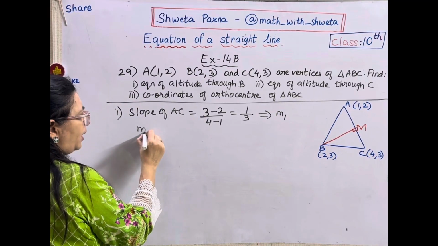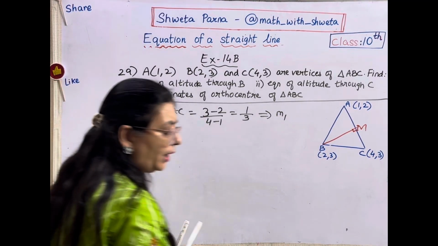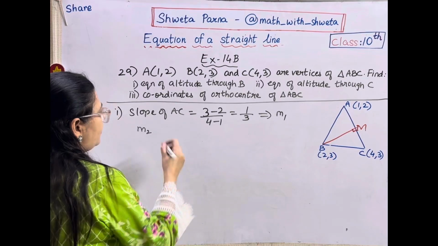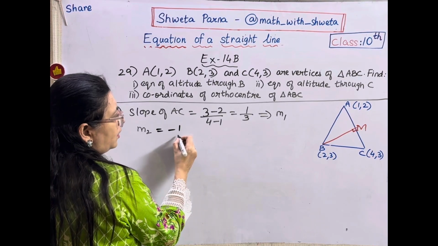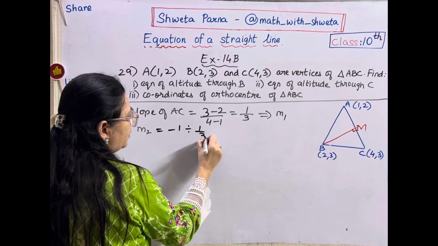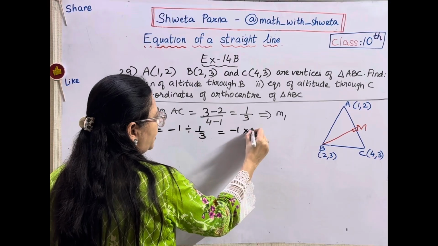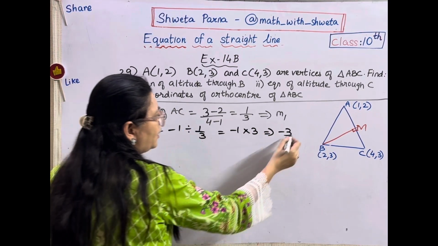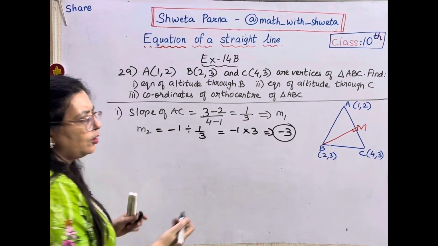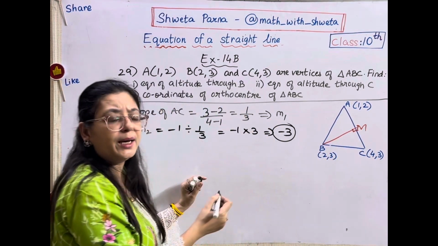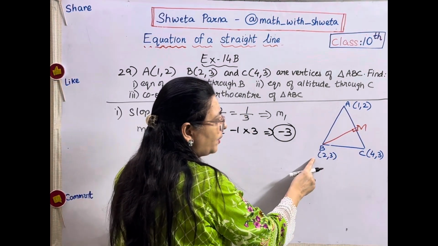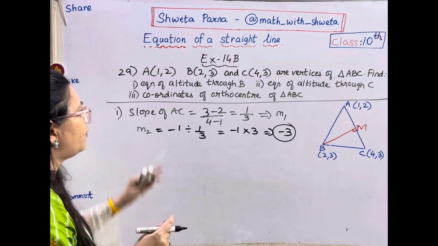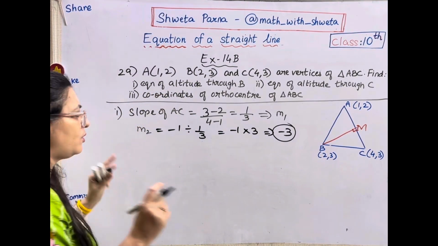So what about m2? m2 would be minus 1 divided by 1 upon 3, so it is minus 1 into 3, which is minus 3. m2 is minus 3. So the slope of BM is minus 3 and one point is given to you. You can find the equation through point slope form.